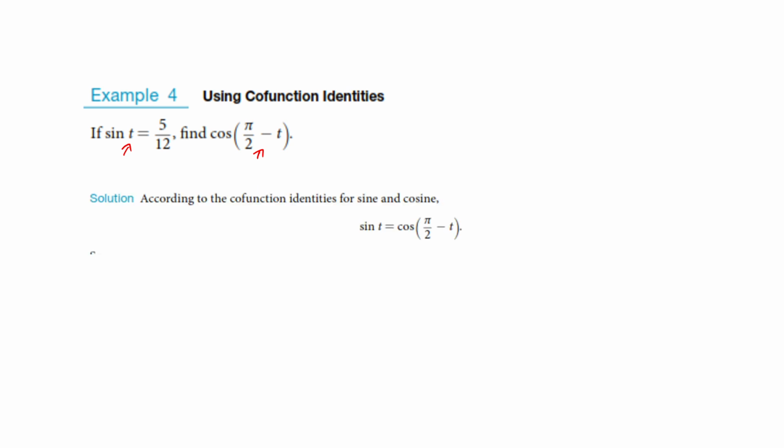They're pointing to the same side. So sine of t is going to get you the same thing as cosine of his partner angle because they're referencing the same side. So if sine of t is 5/12, cosine of 90 minus t, or pi over 2 minus t, is pointing to the same two sides.